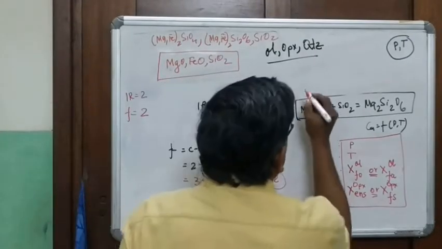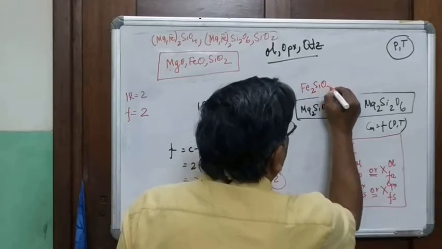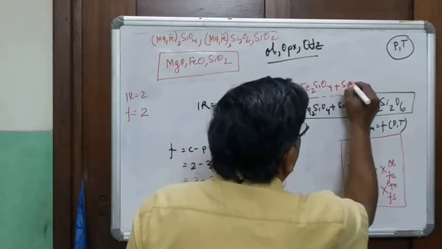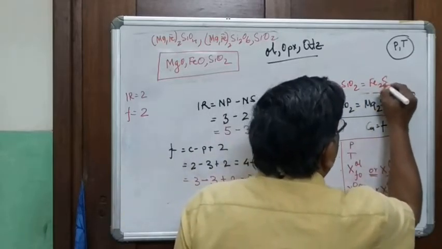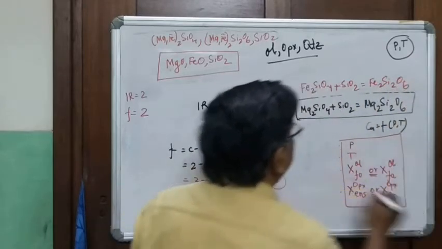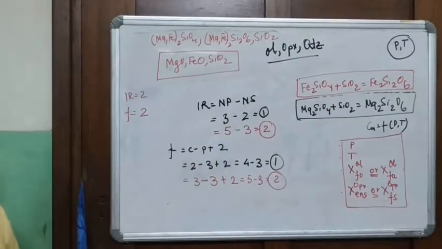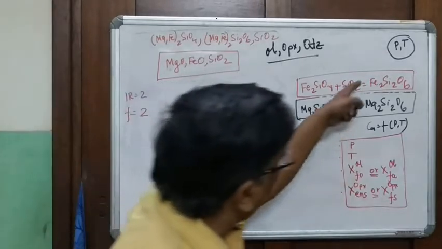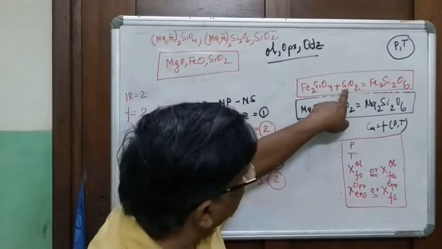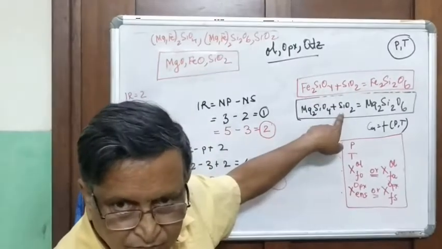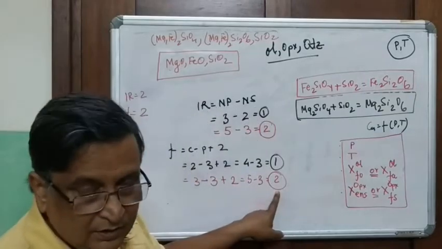You see, I can also write Fe2SiO4 plus SiO2 is equal to Fe2Si2O6. Now this is also an independent reaction. This is also another reaction. From this you can't derive this, or from this you can't derive this. So you already have 2 independent reactions.